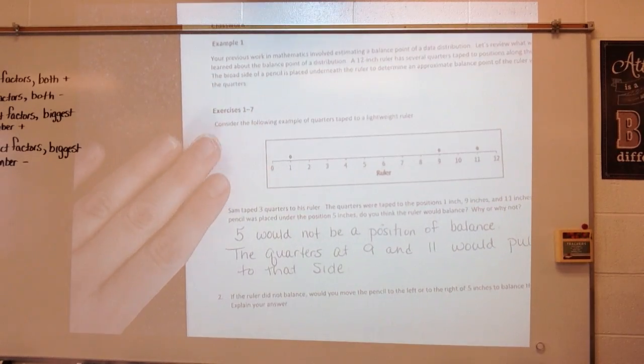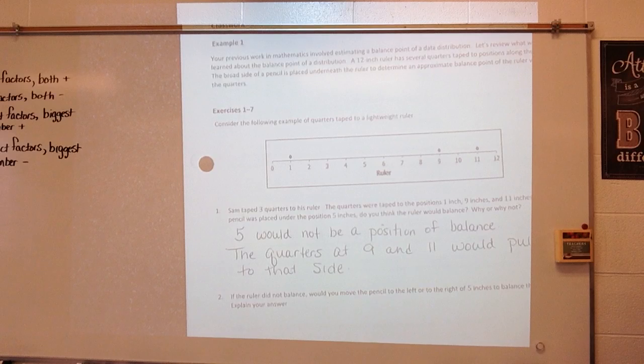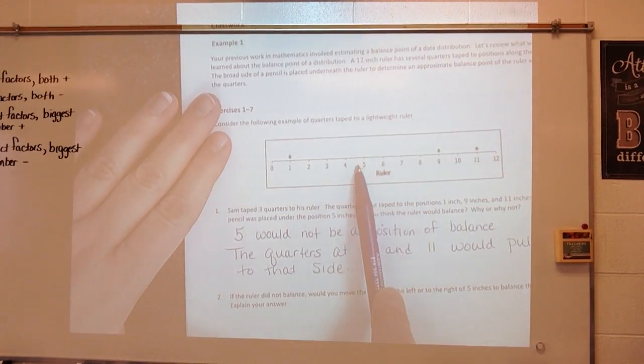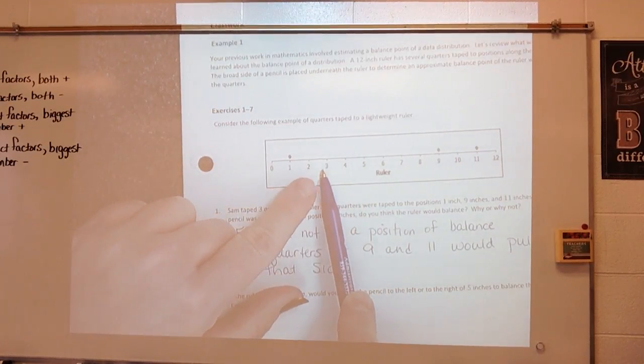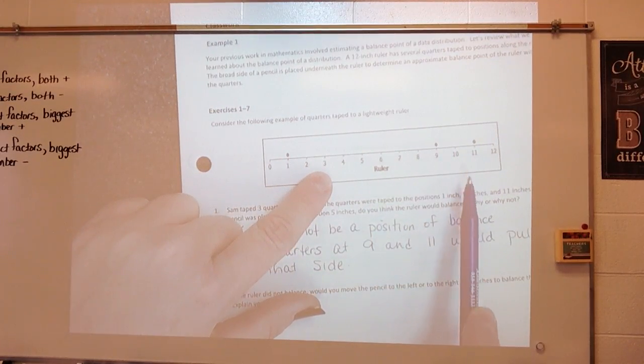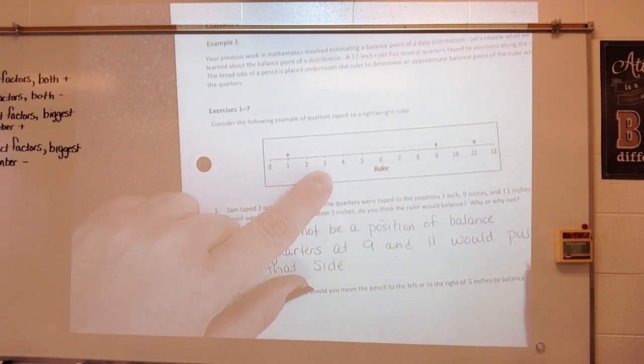If the ruler did not balance, would you move the pencil to the left or to the right of 5 inches to balance the ruler? Explain your answer. Well, let's think about this. If I'm going to move my pencil this way, what's going to happen? Those two quarters are still going to pull down.